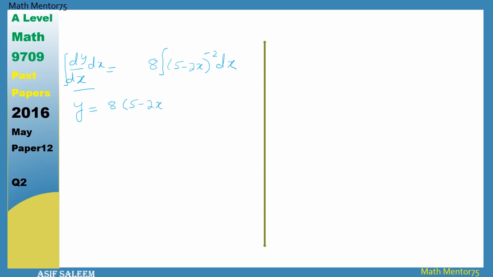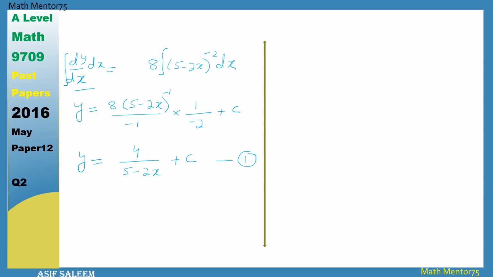We will increase the power by 1 and divide by the new power, into 1 over the derivative of 5 minus 2x, which is minus 2, and plus c. Now simplify this. Y equals 2 1s are 2, 4s are 4, minus minus plus, so 5 minus 2x plus c. This is our general solution.